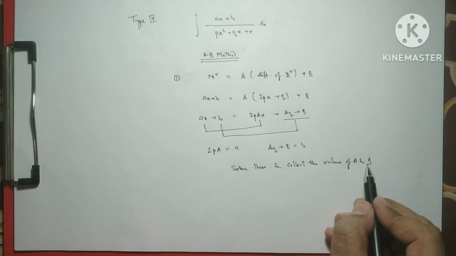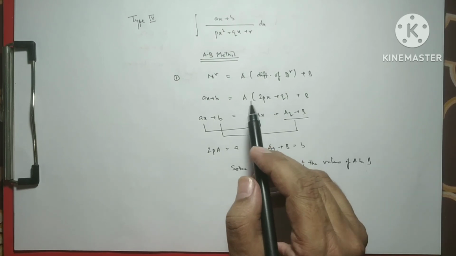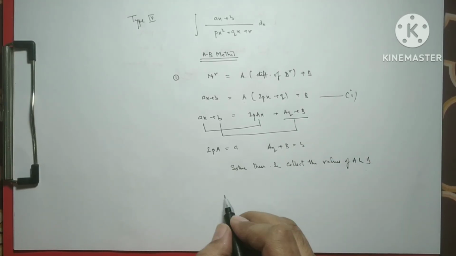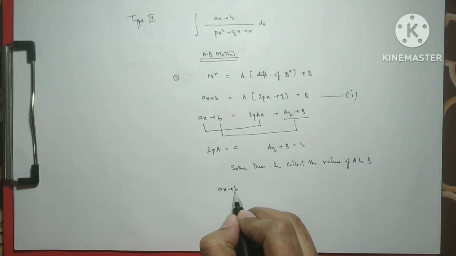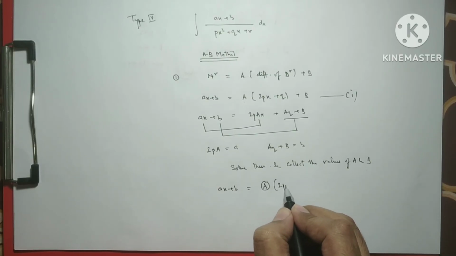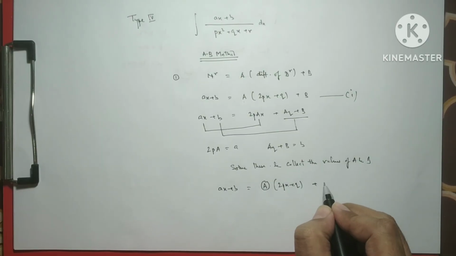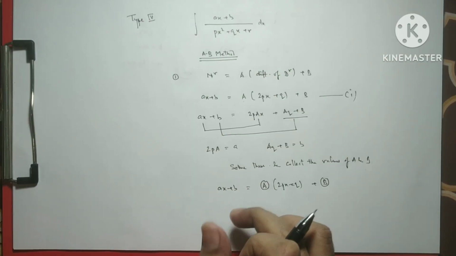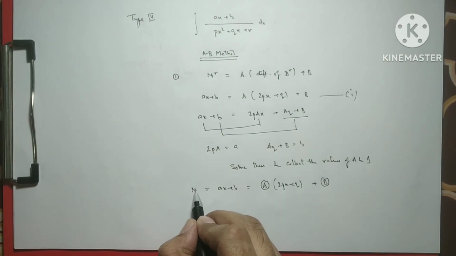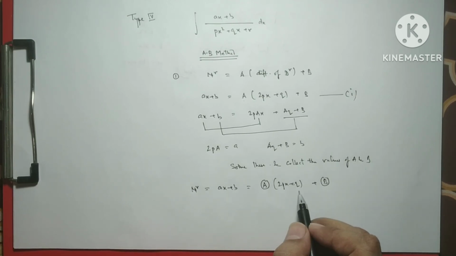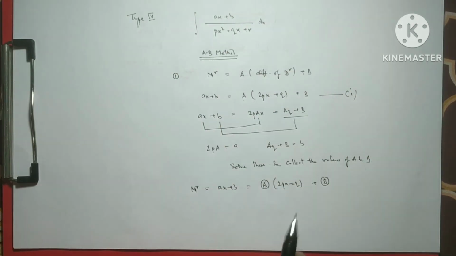And now after getting these values, we put them in equation 1. So in place of ax plus b, right now we have the numerical value of A with 2px plus q, and we have the value of B. This is the numerator, so we can replace ax plus b with this.